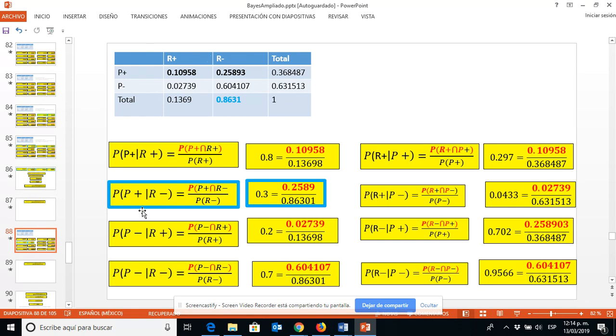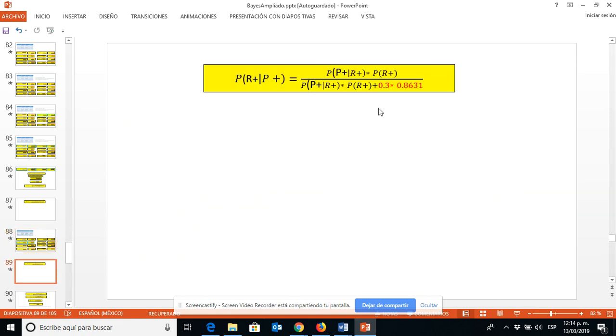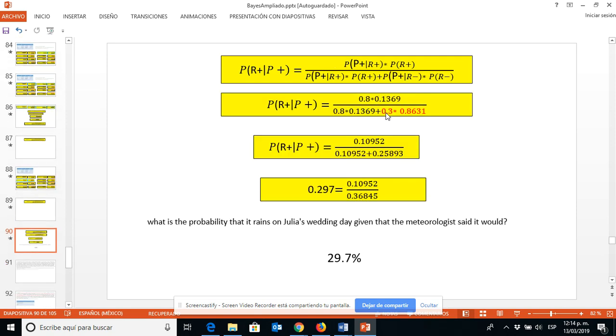Well, the probability of P plus given R minus is 0.3, and the probability of R minus is 0.8639. So we put the numbers in the formula and we are able to compute.